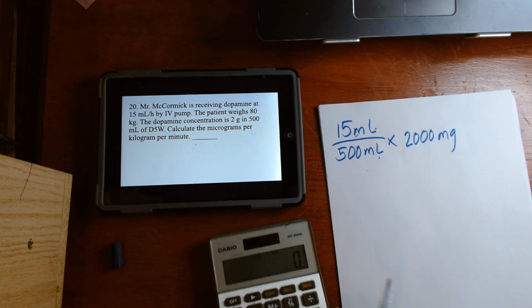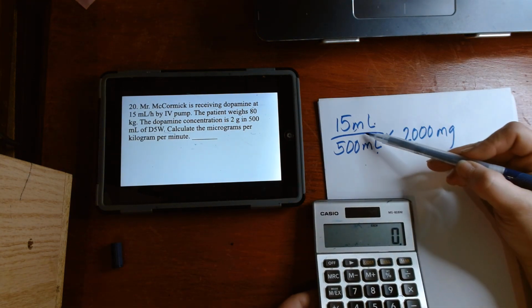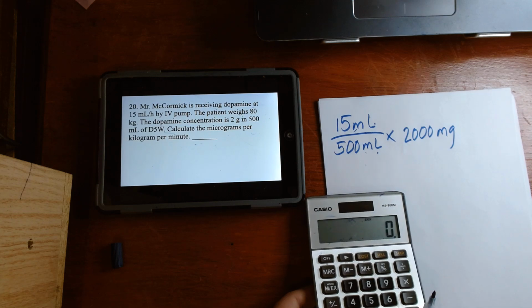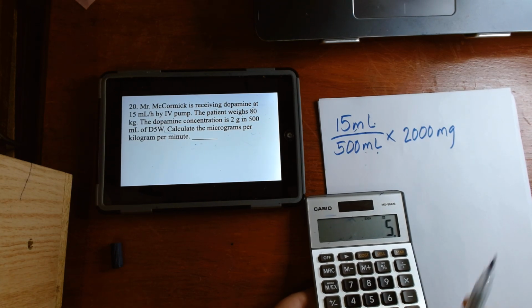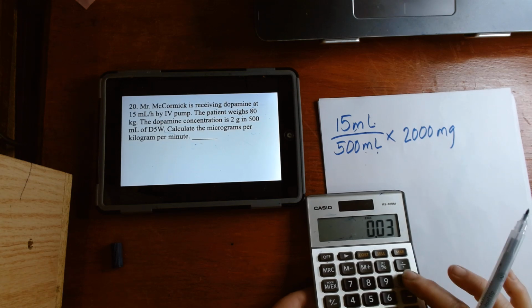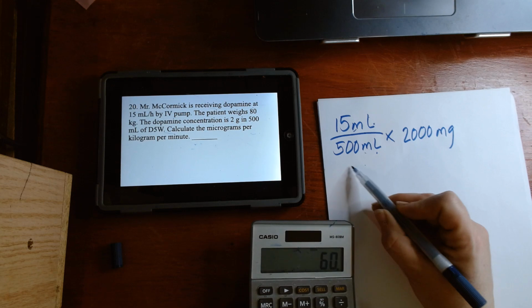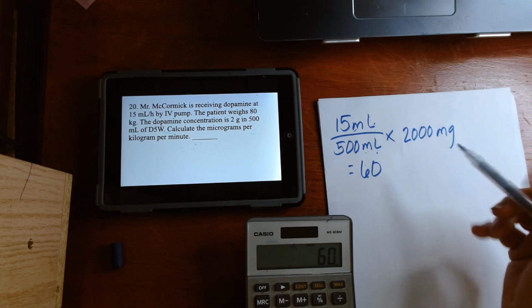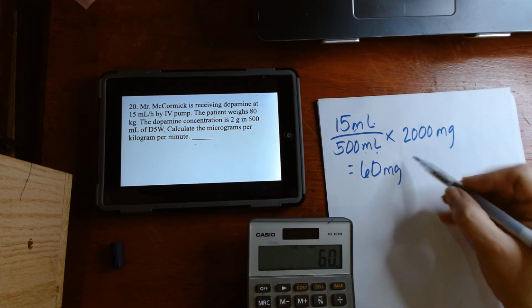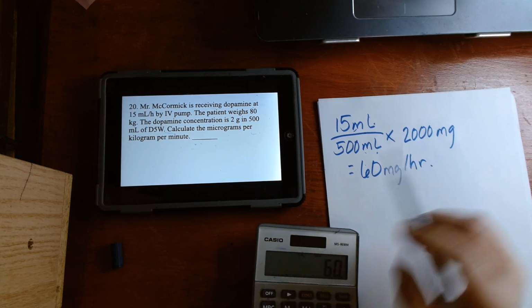So let's do this. This divided by that times that. 15 divided by 500 equals times 2 equals. That's going to equal 60 milligrams per hour.